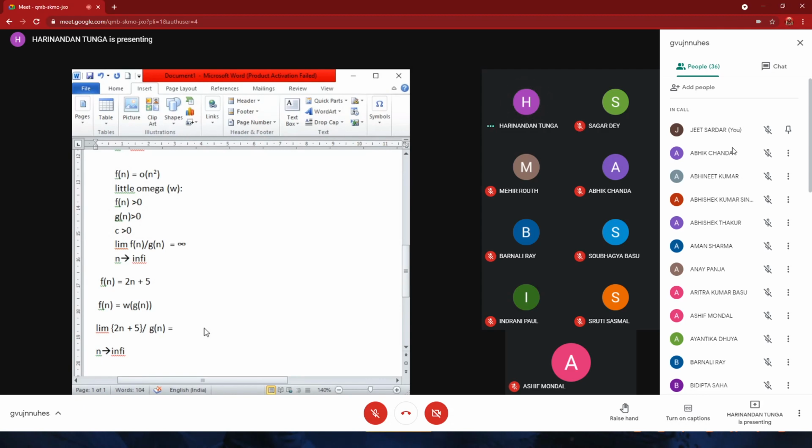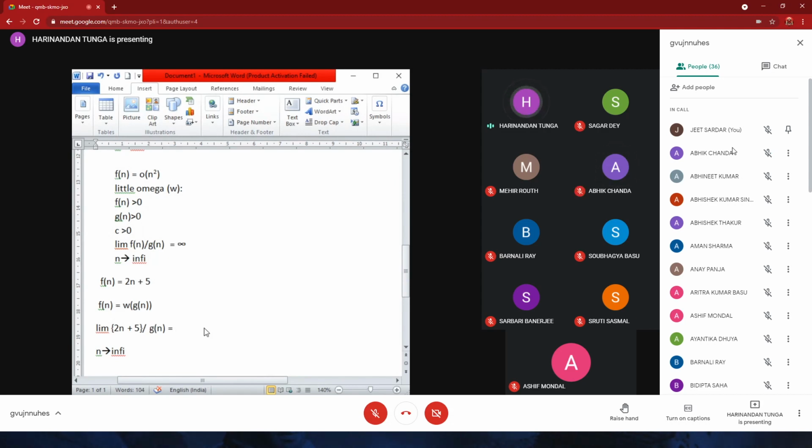Minimum value. Then the limit value is 2 into n plus 5. Put the value of n infinity. So the limit value is infinity. কি বুঝতে পারলে? What is the minimum value of gn for little omega? 1 sir.